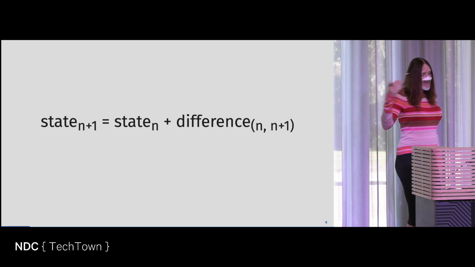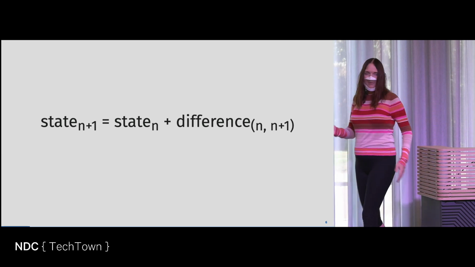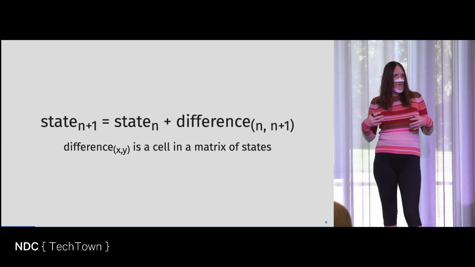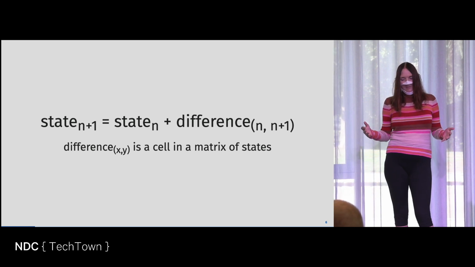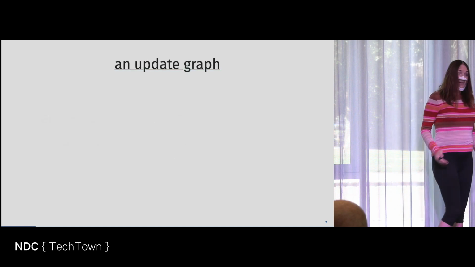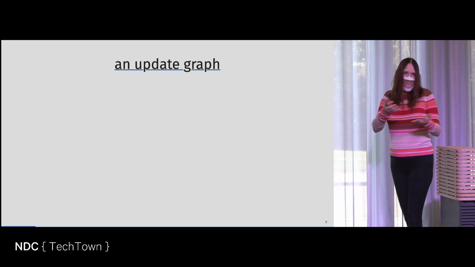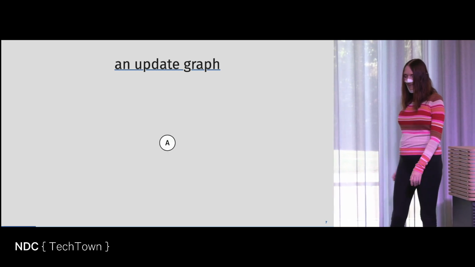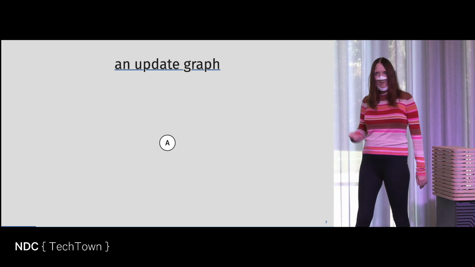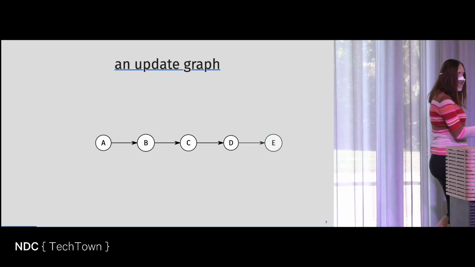Basically, you have state n plus the difference between two states, and you get the new state. The difference is like a cell in a matrix of states, and the matrix can be an update graph, because it's the same. Let's say we have state A, and then later we update to B, C, D, and E.